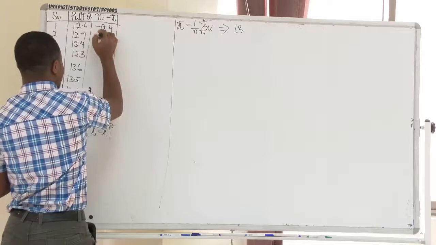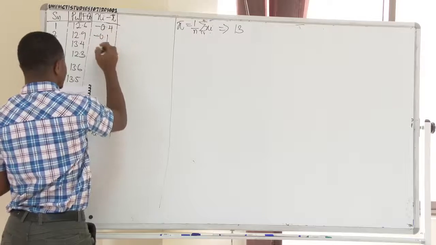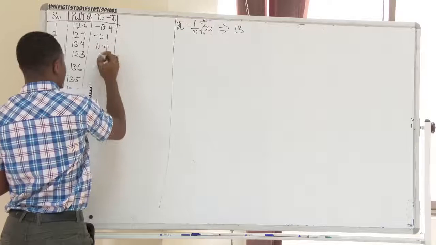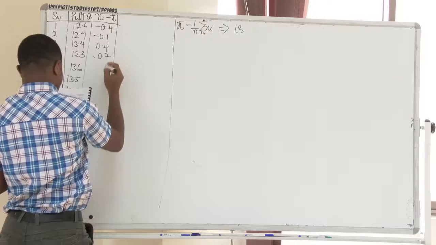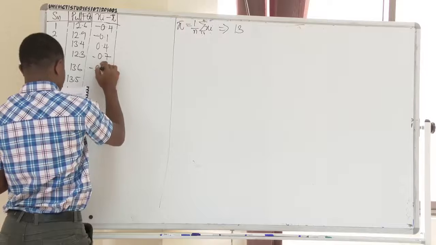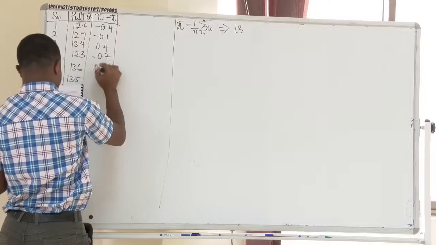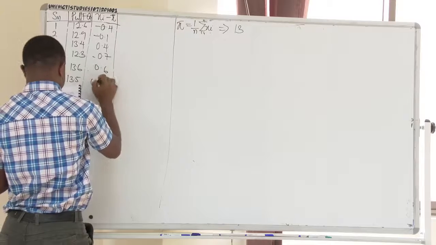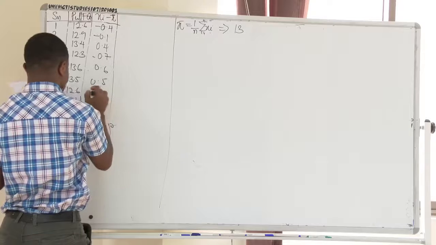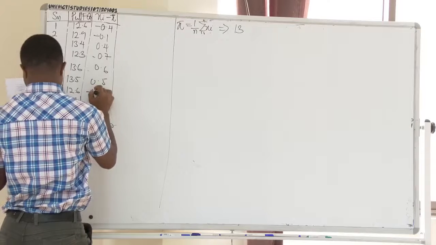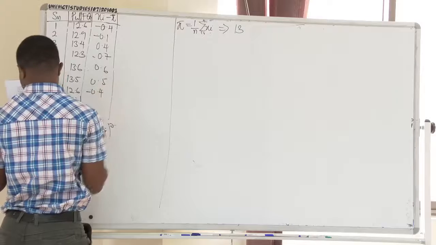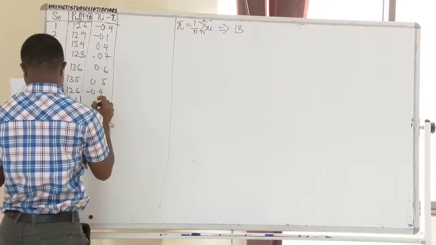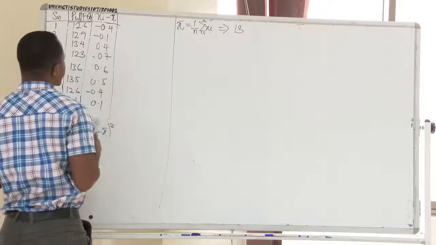The next one is negative 0.1, then 0.4, negative 0.7, 0.6, 0.5, negative 0.4, then finally 0.1.